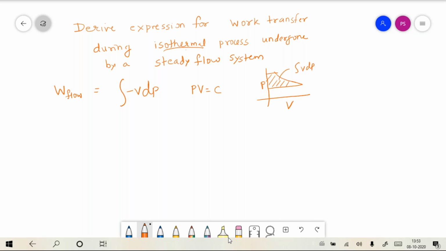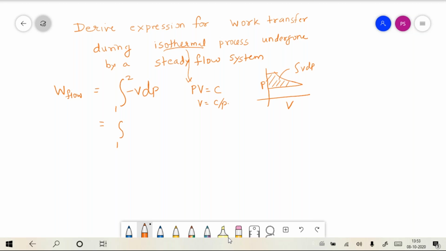So this becomes minus C into log to the base e of P from 1 to 2, which is nothing but minus C log to the base e P2 by P1, which is nothing but minus P1 V1 log to the base e P2 by P1, which is the same thing as minus mRT1 log to the base e P2 by P1.